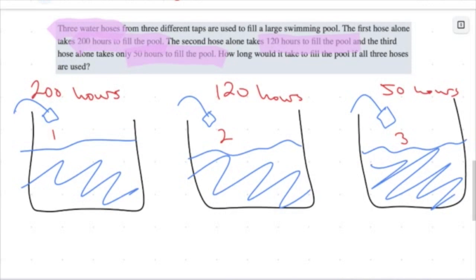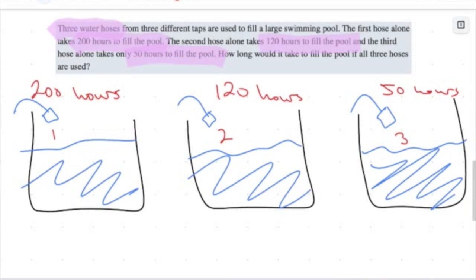In other words, we're told that one takes 200, one takes 120, one takes 50, but we have no point of reference for how long these take compared to each other. We don't have a certain amount of hours that have passed in which to say, okay, this first hose has filled up this many pools, this second hose has filled up this many pools, this third one has filled up this many pools.